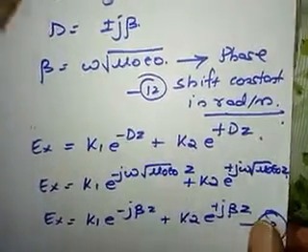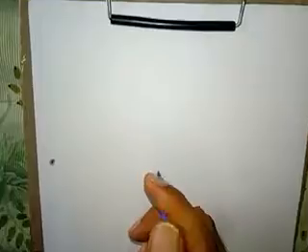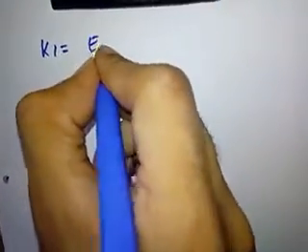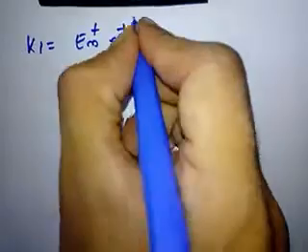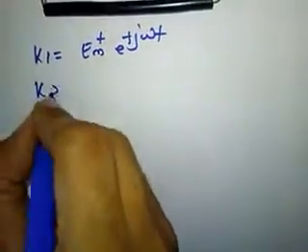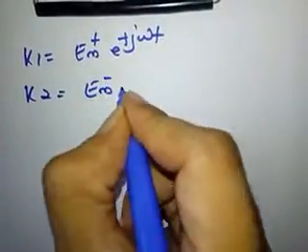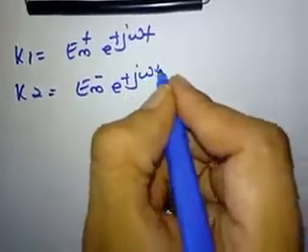Now k1 and k2 are constants with respect to z, but they are varying with respect to time, is it not? So I can express k1 in terms of time as k1 equal to Em plus e raised to plus j omega t, and k2 equal to Em minus e raised to plus j omega t.